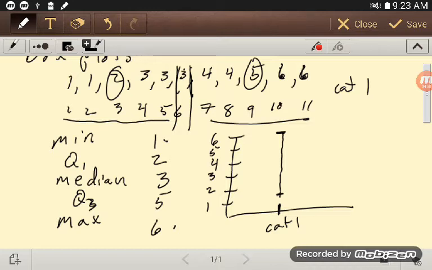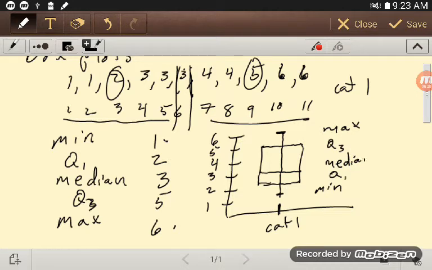So Q1 is at 2, and I make this box that starts there, goes up to 5. So here is the min, there's Q1, Q3, and the max, and then I go to the median, which is at 3, and I draw a line through there for the median. And that's what a box plot tells us.